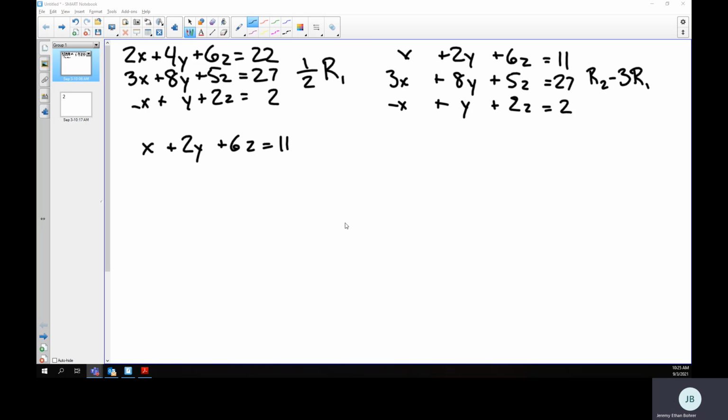That's not going to change. Then our 3x is going to go away. And we're going to subtract 6y. 3 times 2y is 6y from 8y to get 2y. And we're going to subtract 3 times 3z. I want to double check something. That should have been a 3z there.